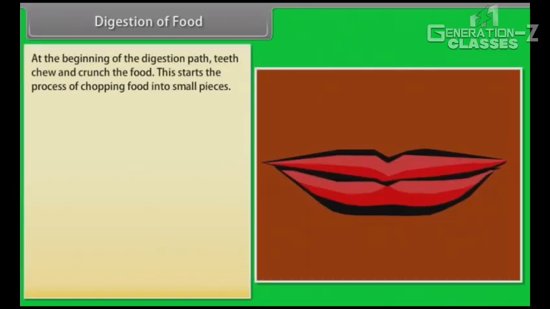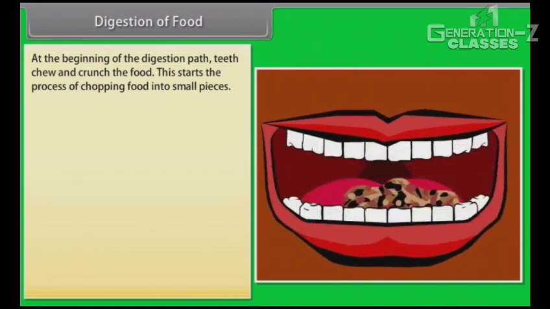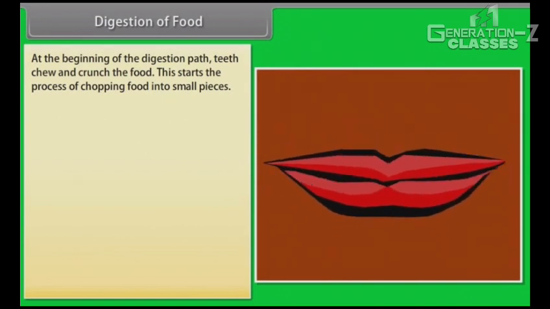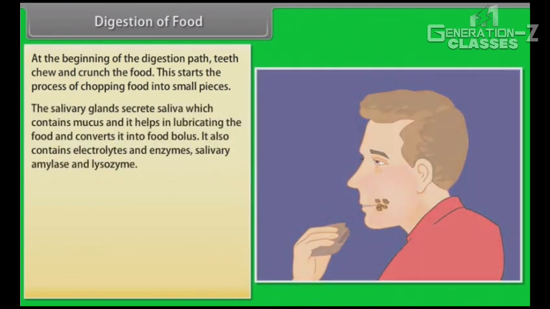Digestion of food. At the beginning of the digestion path, teeth chew and crunch the food. This starts the process of chopping food into small pieces. The salivary gland secretes saliva, which contains mucus and helps in lubricating the food and converting it into food bolus.